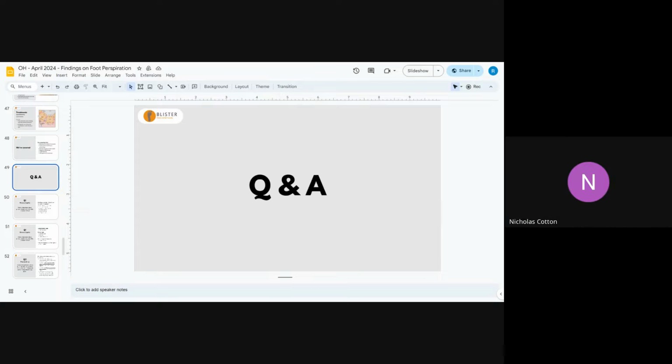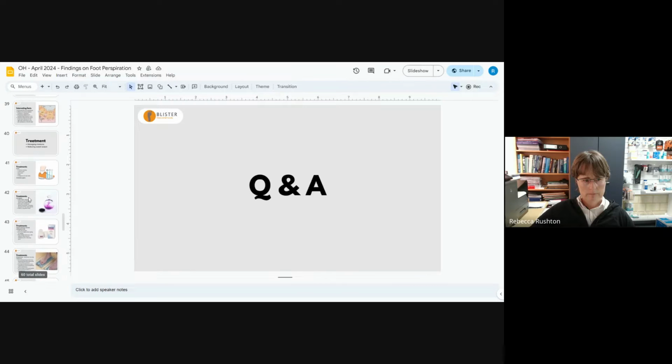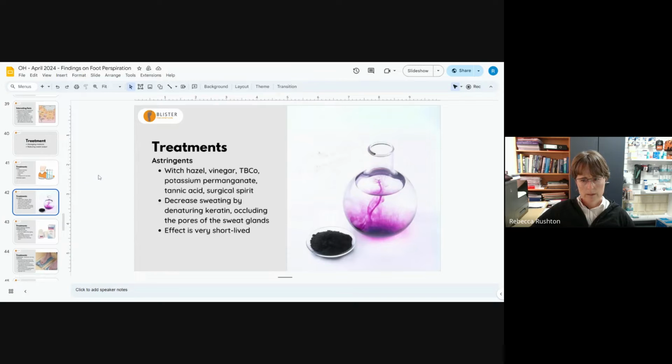I've never actually used potassium permanganate, and I just wondered how effective that actually is. I know it's used a lot in the past, and if people are still using it now. Well, it can definitely work. This is how it works. It denatures keratin and occludes the pores.